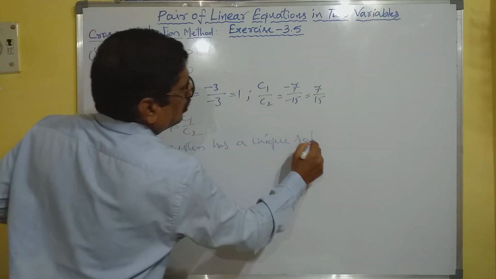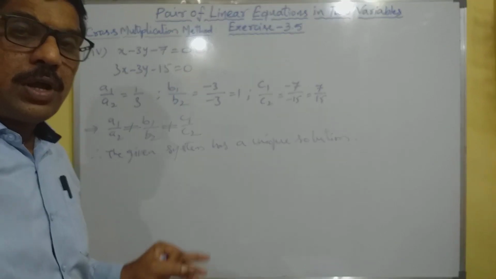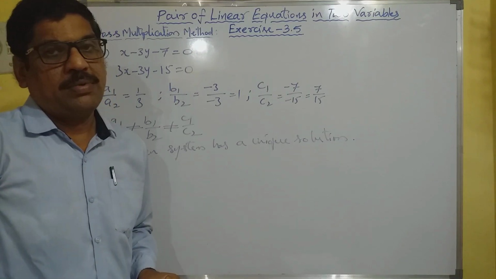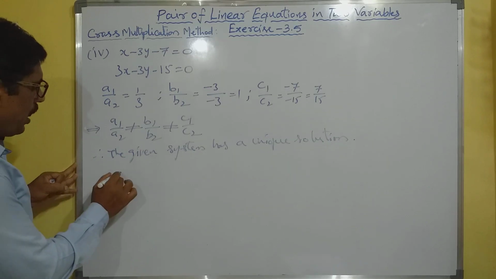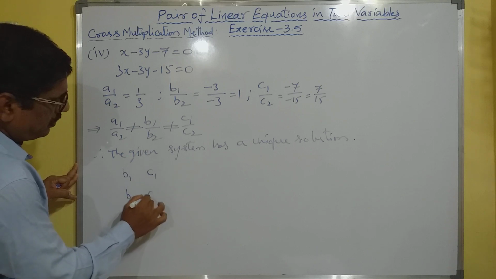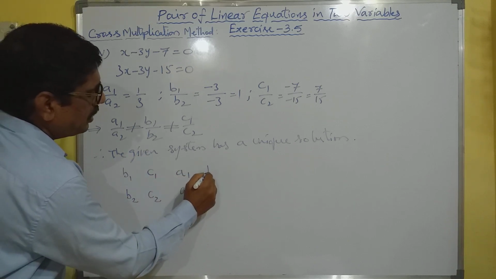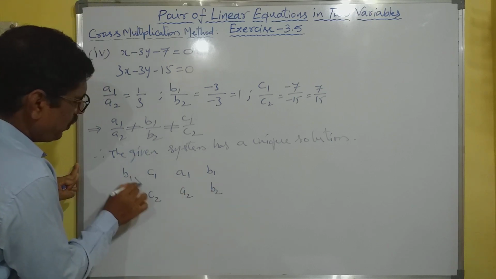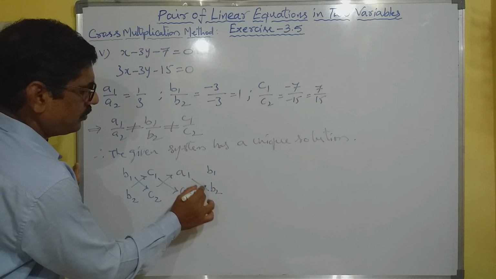Now we can apply the cross multiplication method to solve the given pair of linear equations. Let us write. First of all, we have to write the coefficients like this: b1, b2, c1, c2, a1, a2, again b1, b2. We have to take crosswise multiplication like this.